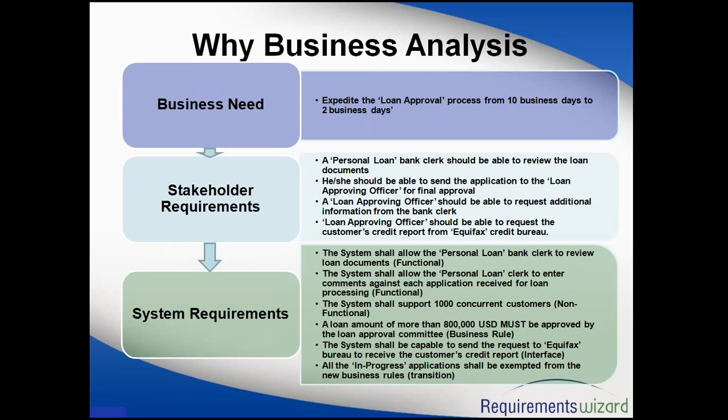They may not say, okay, this is my business rule. They may just say, by the way, if it's less than 800,000, we can do it. Otherwise, we need to send this application to the loan approving committee. So that's when you should capture it right there. Say, okay, that means there is a policy there. That means any amount more than 800,000 has to go through this channel.